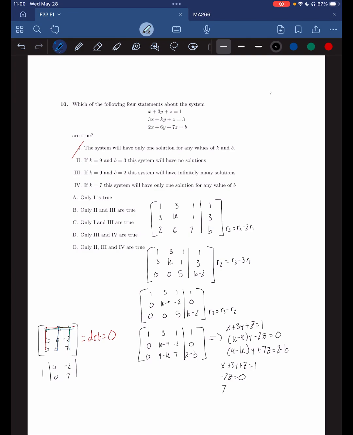And 7z is equal to 2 minus b. 2 minus 3 is -1. Well, here z is 0, but here z is not equal to 0, right? So therefore, we're obviously contradicting ourselves, and 2 is also false, when k is 9 and b is 3.